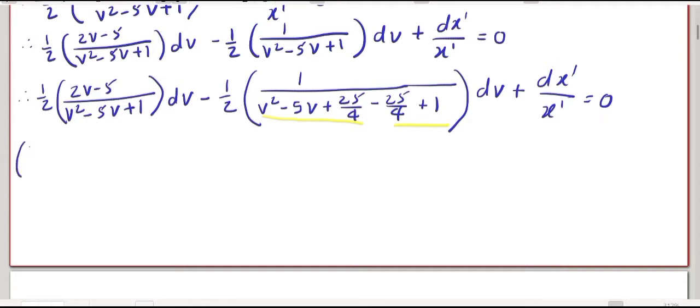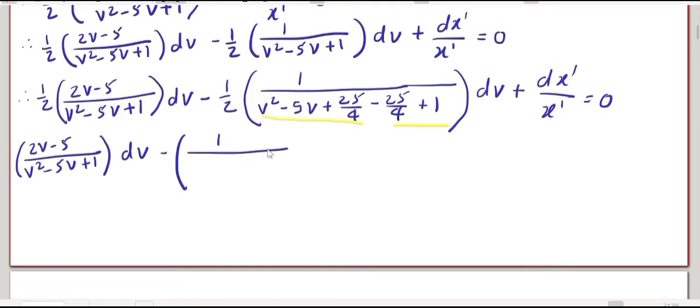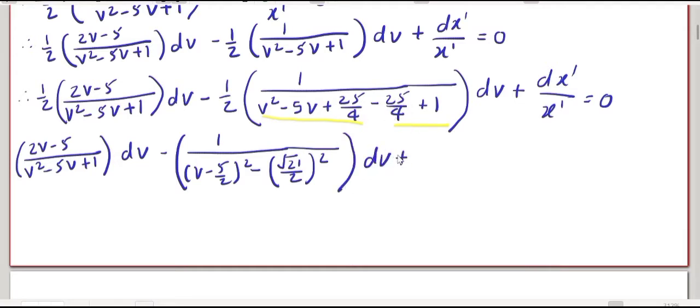We get (2v minus 5) divided by (v square minus 5v plus 1) dv minus 1 upon [(v minus 5 by 2) square minus (under root 21 divided by 2) square] dv plus 2 dx' by x' is equal to 0.